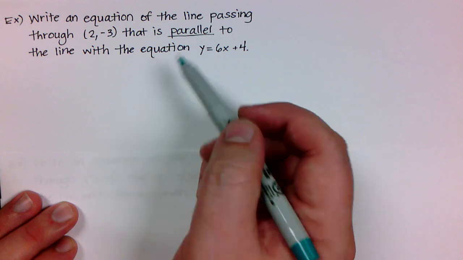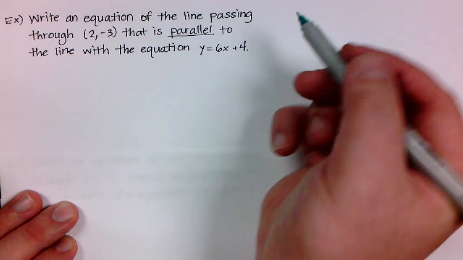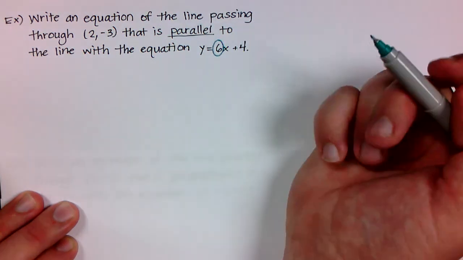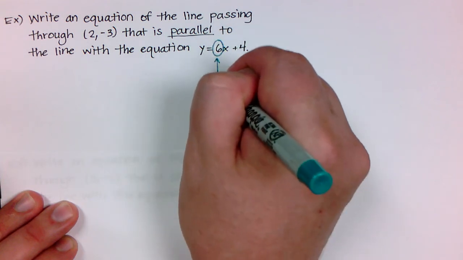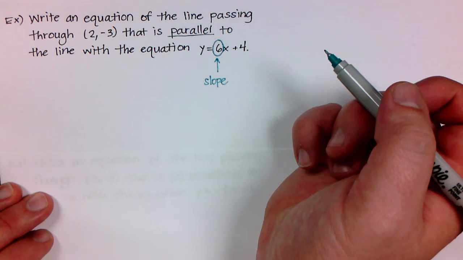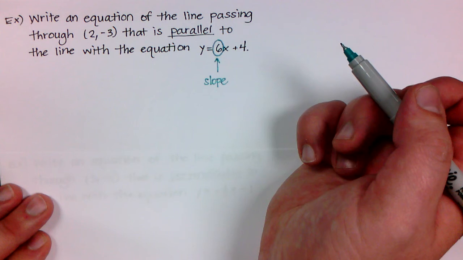So what we know about parallel lines is that they have the same slope. So if the original line is already written in slope-intercept form, I could see, oh, the slope was 6. So that means that my new line that is parallel to it is also going to have a slope of the number 6.